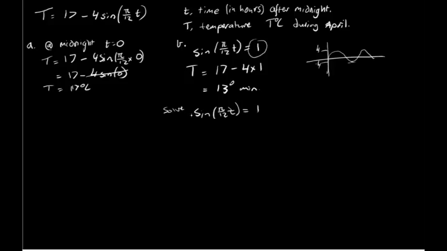Solving this equation, we find that pi on 12t has to equal pi on 2 from our unit circle, since sine is 1 at pi on 2. Then solving for t, times by 12 divided by pi, we get t is equal to 6. So the minimum temperature occurred at 6 a.m.